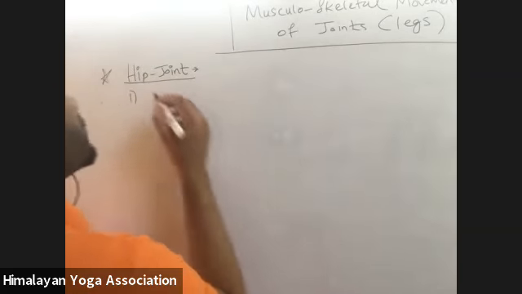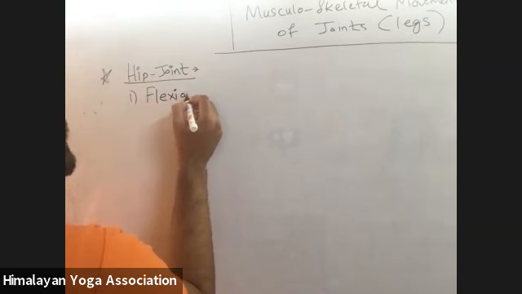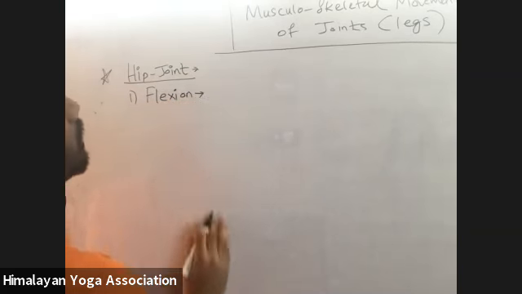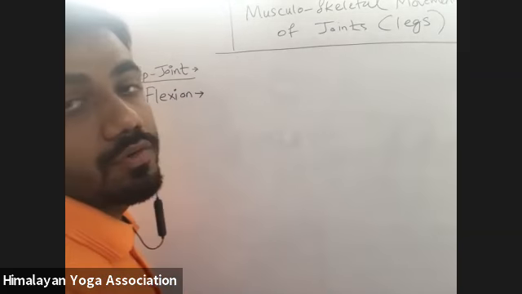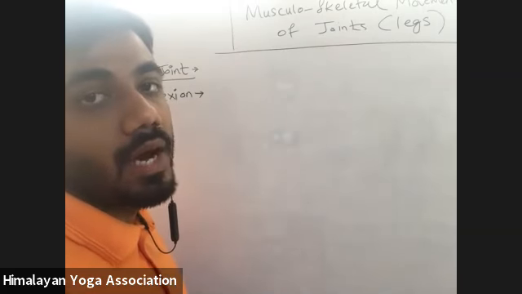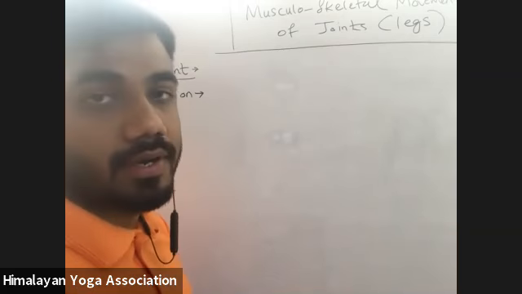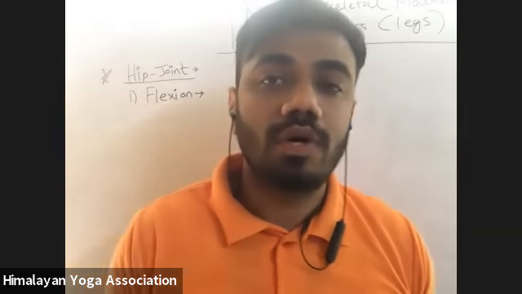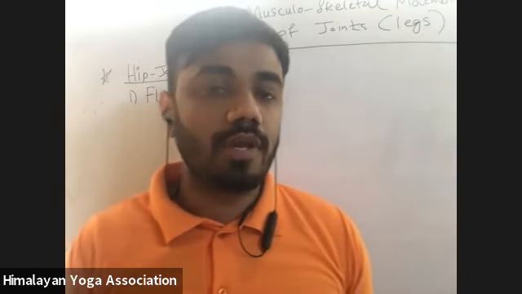Now, first, the flexion movement of the hip bone joint. That means how do we flex our hip? When we bring our leg up or straight in front of our body, that is flexion.